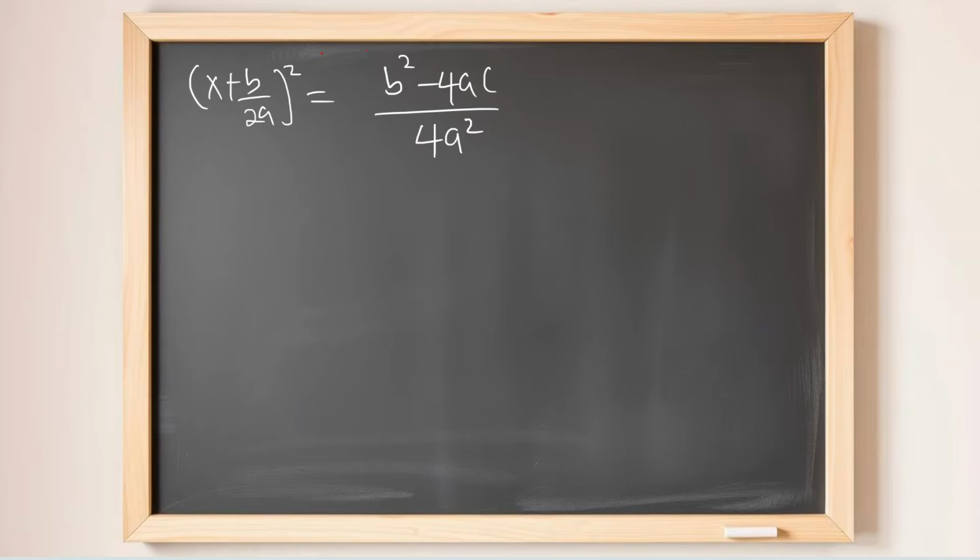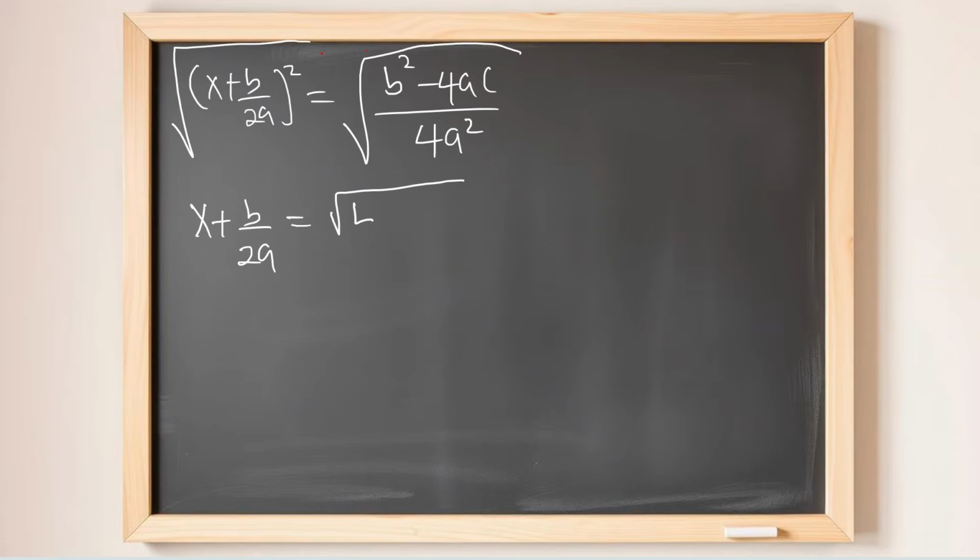So the next thing to do is to square root both sides so that we can get rid of the square on the left-hand side. If you square root both sides, on the left-hand side, I'm going to have x plus b over 2a. And on the right-hand side, at the top, I'm still going to have b squared minus 4ac.